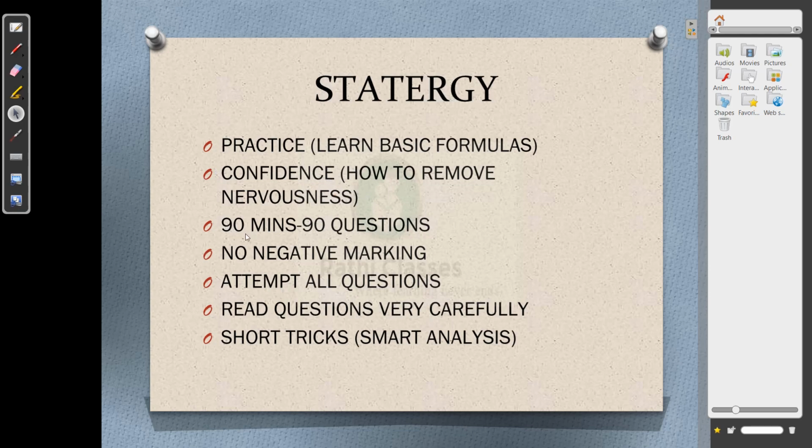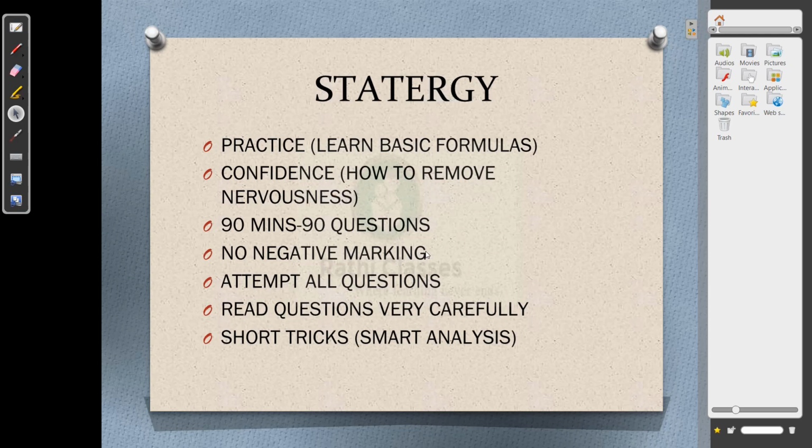As you have 90 minutes, 90 questions, you can measure, take the time from your verbal section. That will be very important. If you complete the verbal section, that is 40 questions, in less than 20-25 minutes, then you will have the rest of the minutes to solve quantitative and logical analysis.